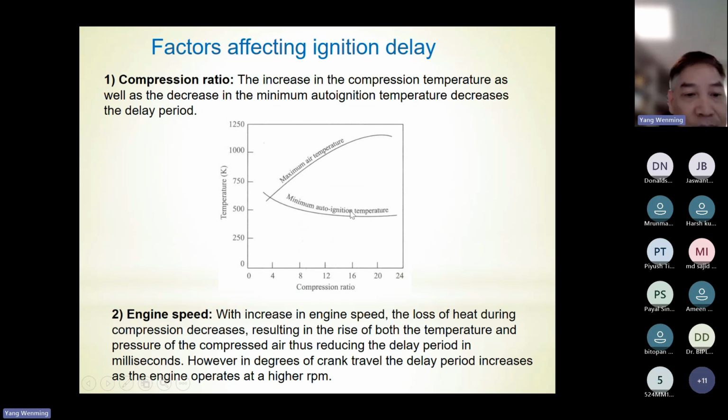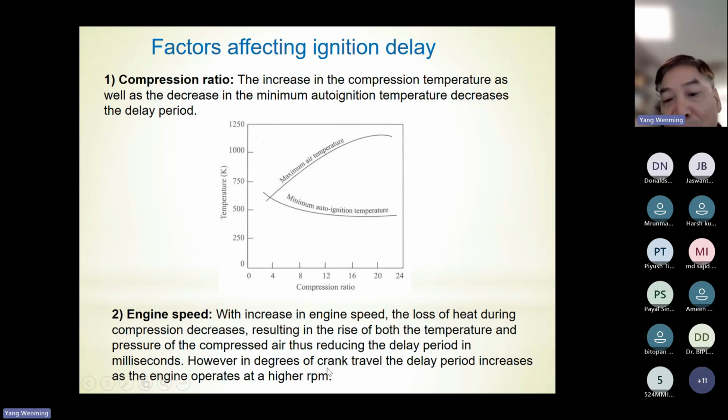The second one is the engine speed. With an increase in the engine speed, the loss of heat during compression will decrease, resulting in a rise of both the temperature and the pressure of the compressed air, thereby reducing the ignition delay time, correct?